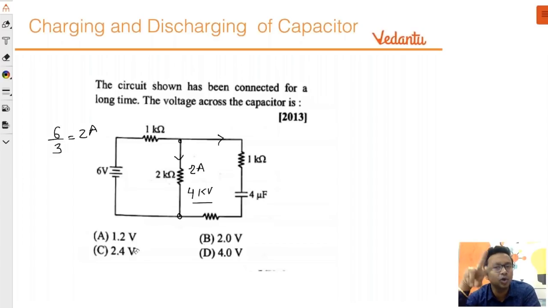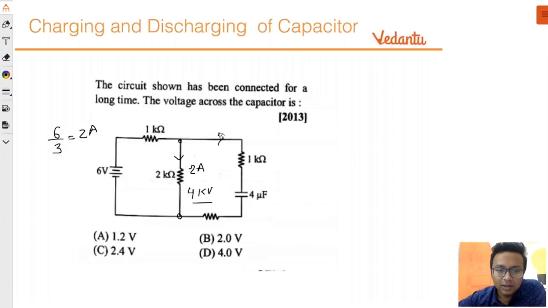So in 2013, there were 2 questions from RC circuits in the examination. The first one, I know, would have taken some time. It was not that easy. But the second question is very, very easy. The third question, you do on your own. Let's stick to the second one.